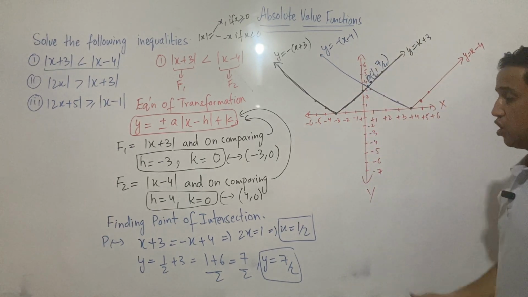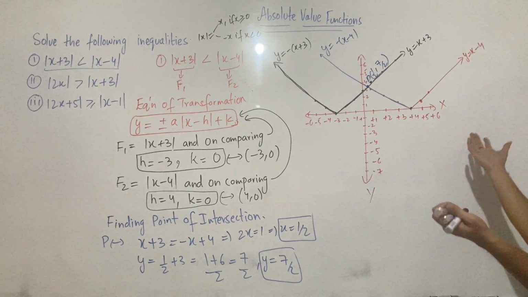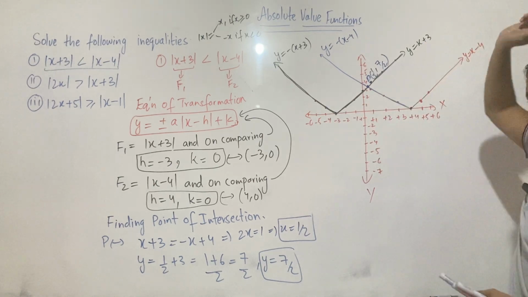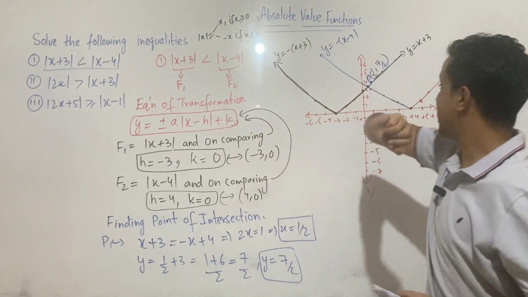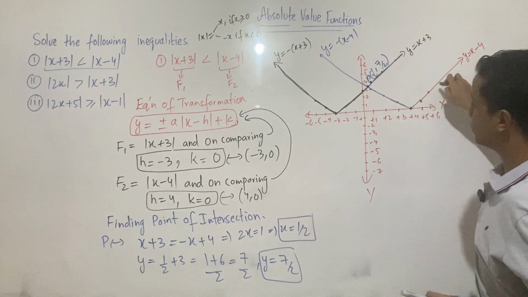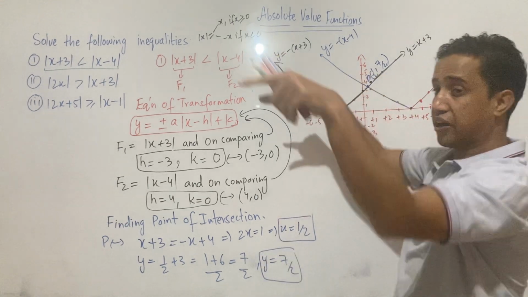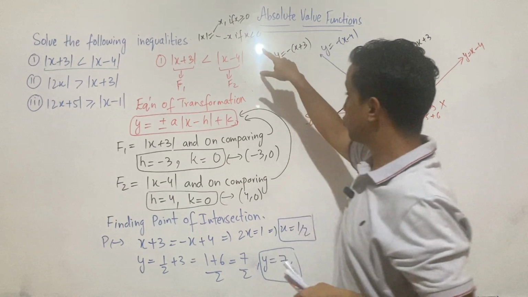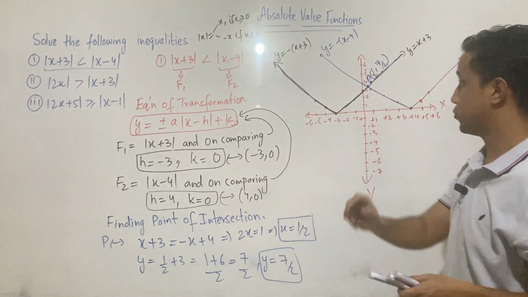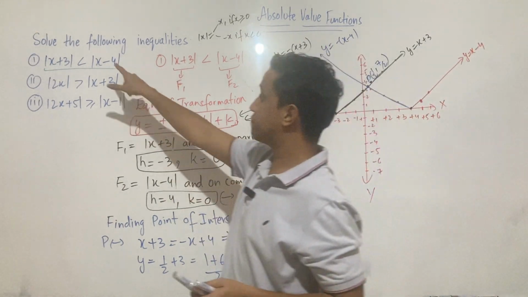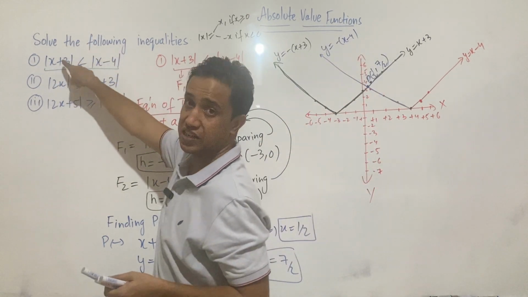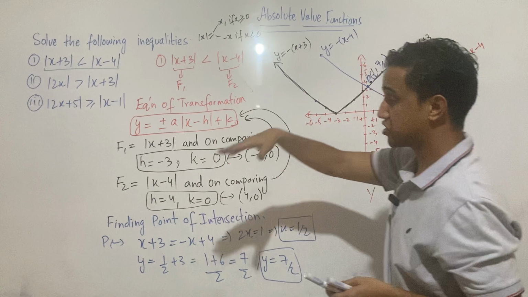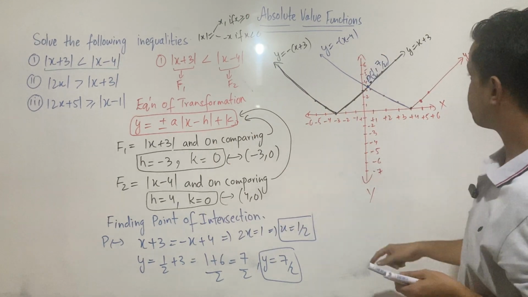Now, see here, this black curve represents the absolute function x plus 3, and the red and blue lines cover the absolute function x minus 4. Now we have to find the region that satisfies this inequality, absolute x plus 3 less than absolute x minus 4.